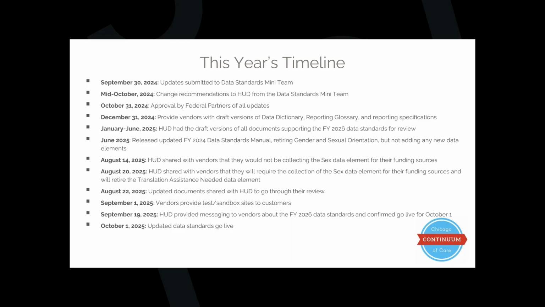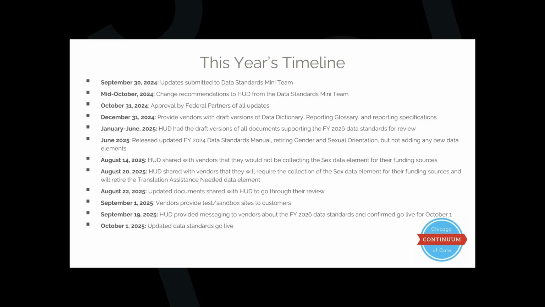August 22nd of 2025, HUD documents were shared with HUD so HUD can go through the review. So now it's August 22nd and HUD has not finalized the standards yet. September 1st, vendors did provide a test sandbox site.